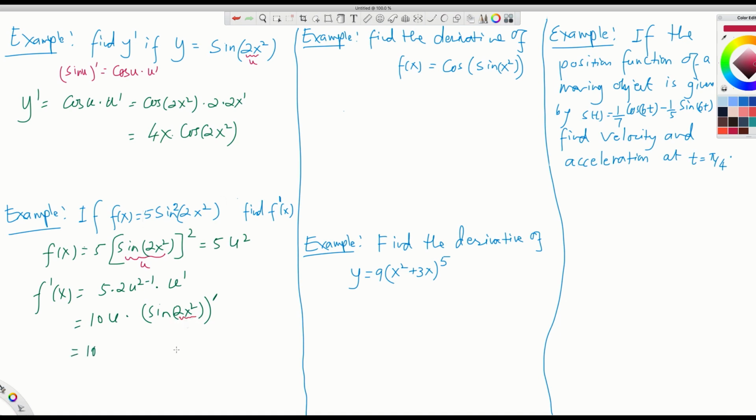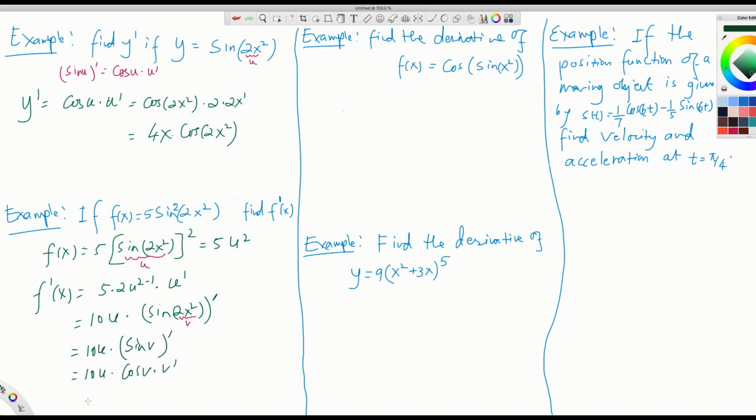Since we already used u, let us consider the inside as v, and find the derivative of sine v. So it is 10u times the derivative of sine v, which is cosine of v times v prime.